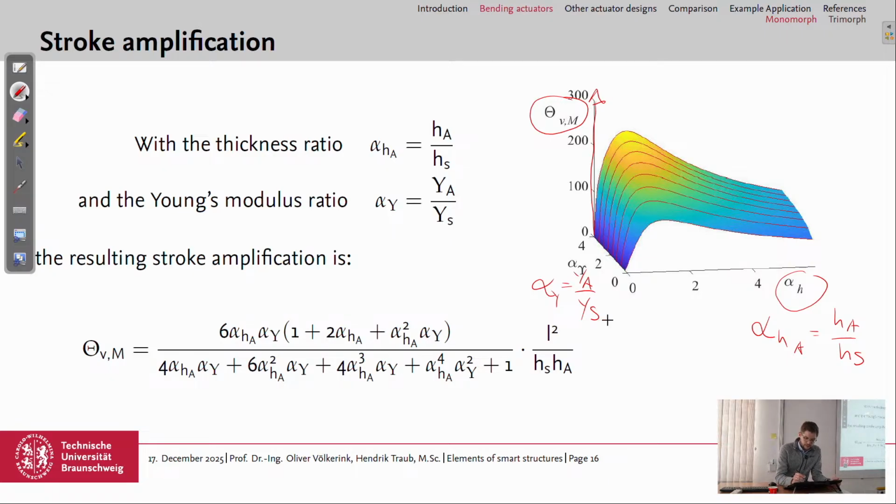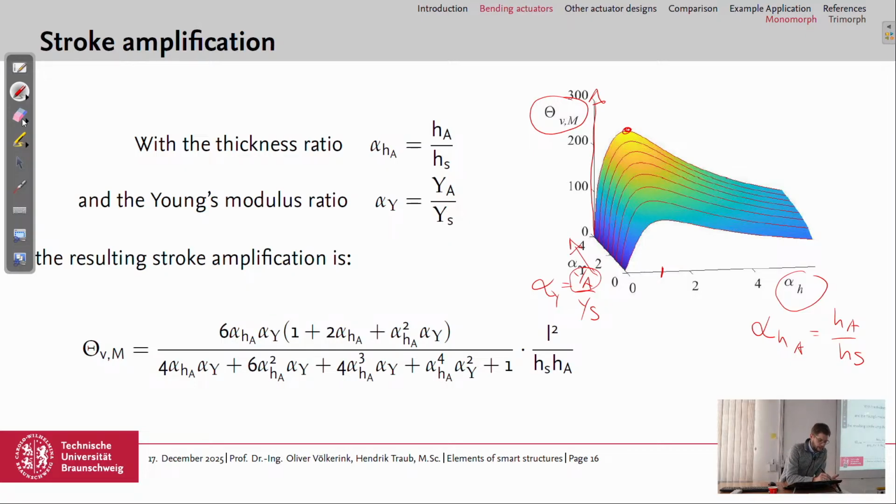And what we can see is that at this point we have the maximum stroke amplification, which is around a ratio of 1 for the thicknesses, so the same thickness of the structure layer and the actuator layer, and it gets higher in this direction. So again, a high modulus of the actuator compared to the structure gives us a high stroke amplification.